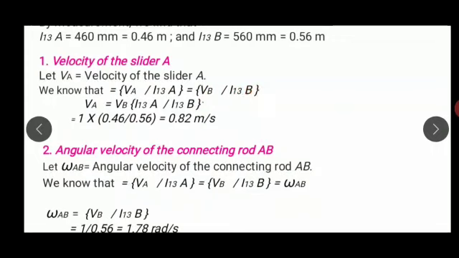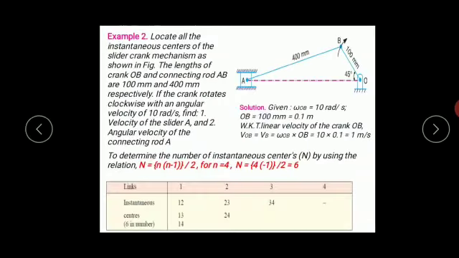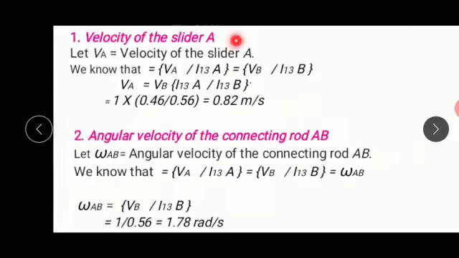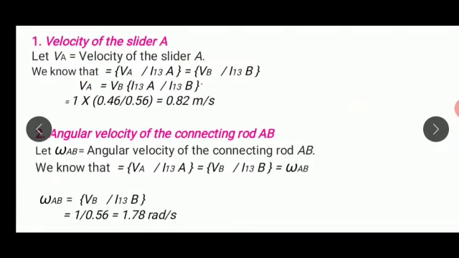That is, we are equating the two velocities at points A and B. We know I13B and I13A, and we also know the velocity of B, which we found at the start: velocity of point B is 1 meter per second. So it turns out to be VA equal to 0.82 meters per second.